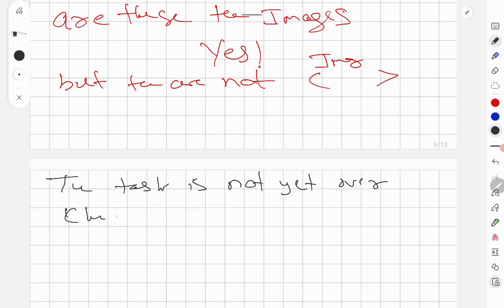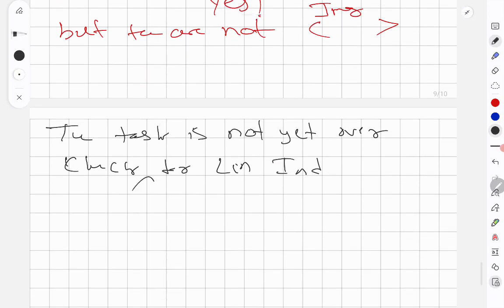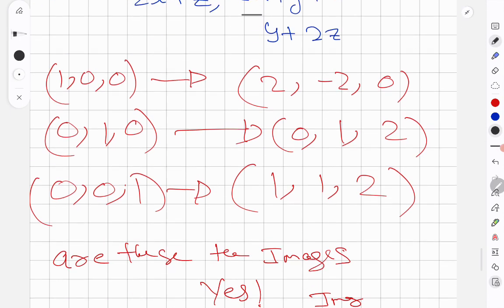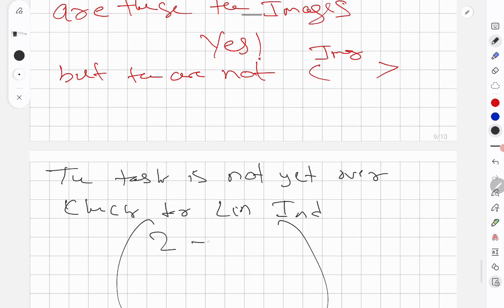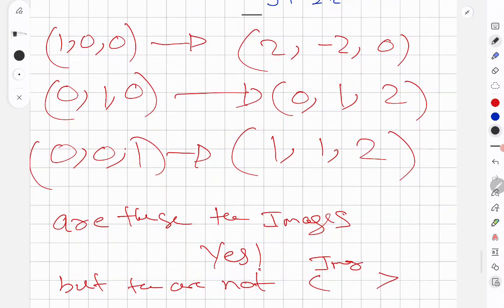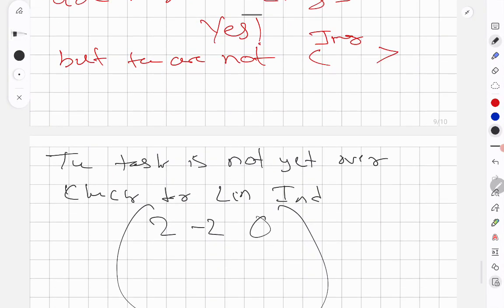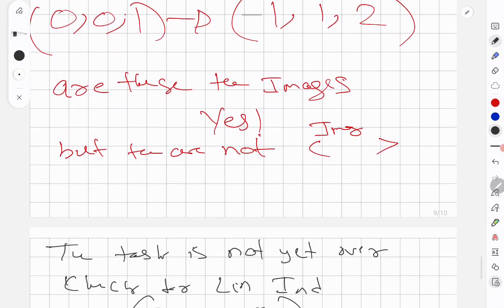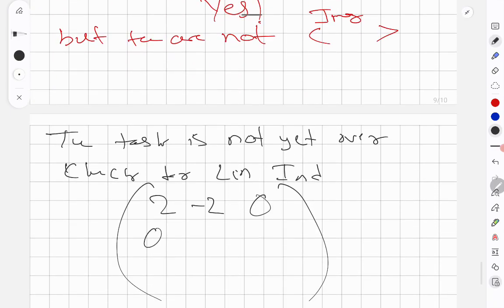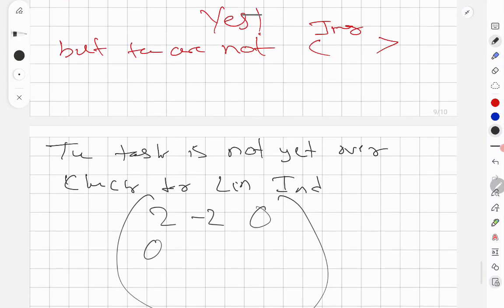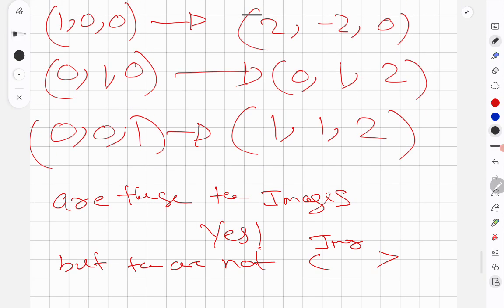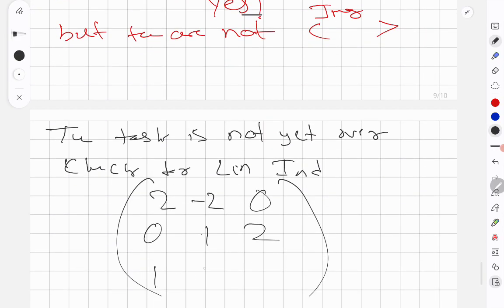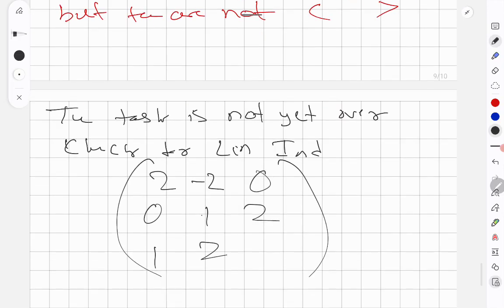Check for linear independence. Since the question asked about the image, you have to keep the basis of the image. It also asked for the dimension of the image, which means you have to find the basis. Always, if it asks for the image, you have to write the basis.